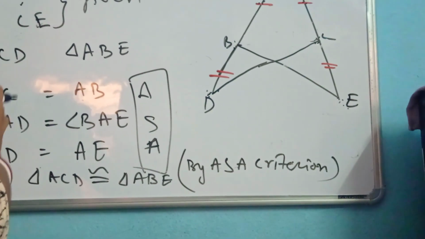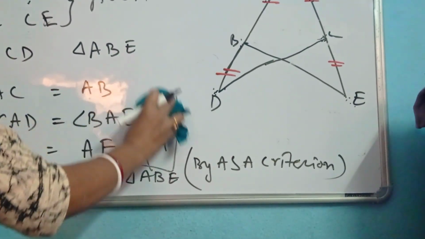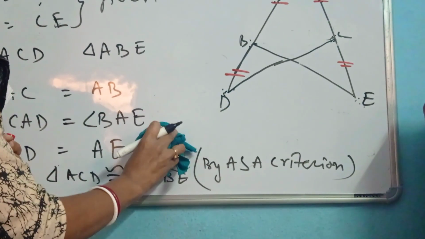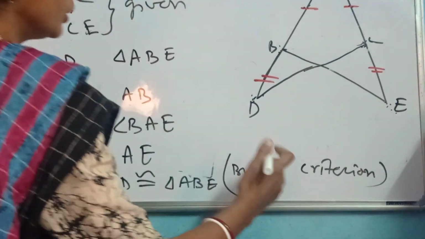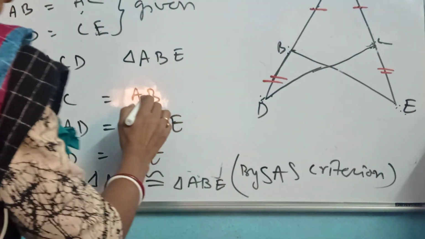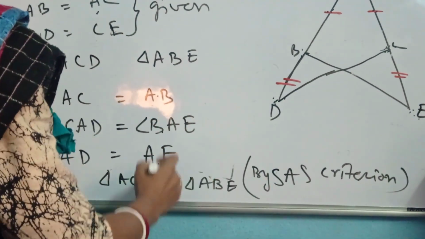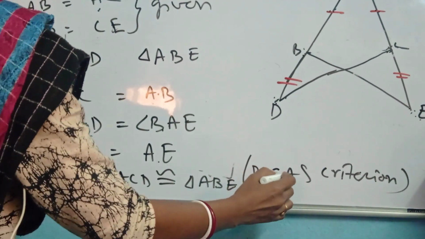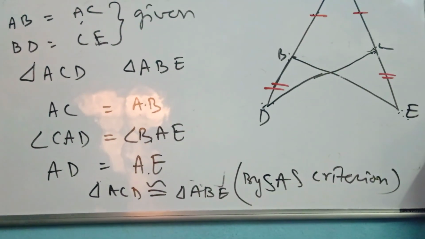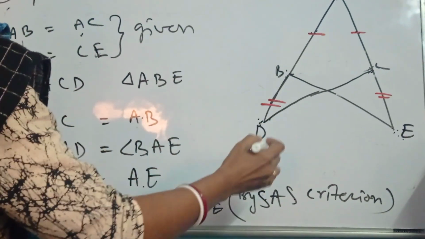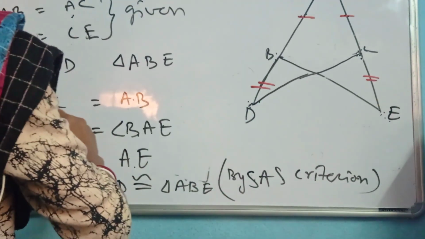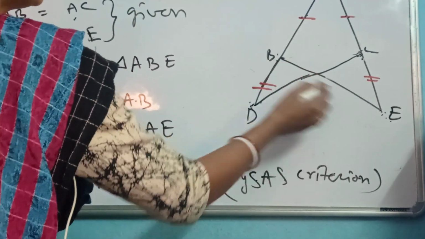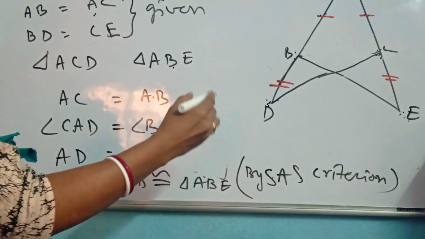So if these two triangles are congruent by side angle side criterion, then we can say that the third side, that means DC for the first triangle and BE for the second triangle, yes, they are also equal.